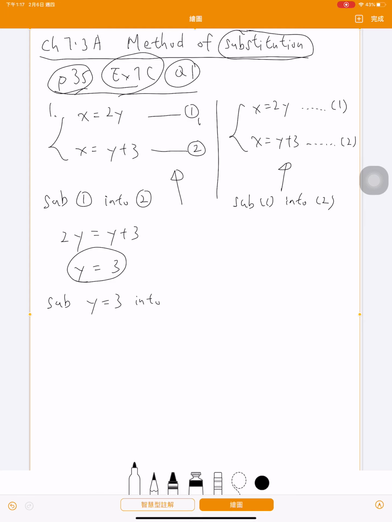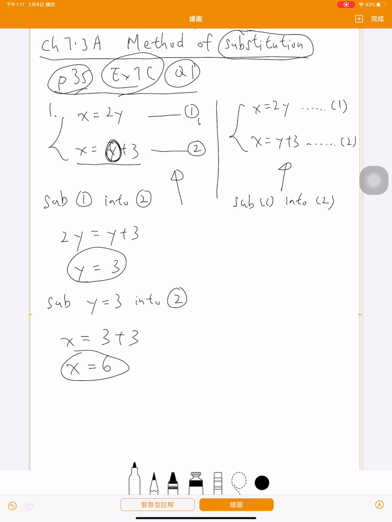For example, this time I sub it into 2. Then for equation 2, x is equal to, but this time the y will become 3. That means it's 3 plus 3. So we get x is equal to 6, right?